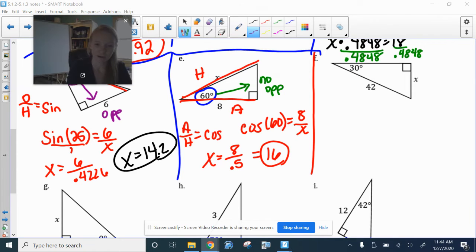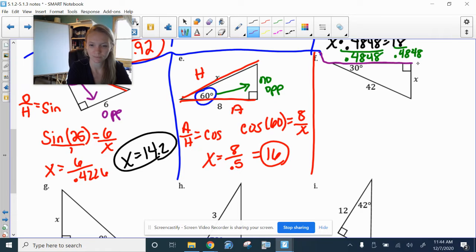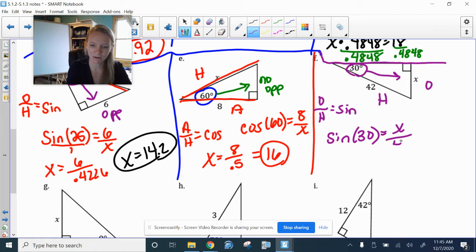Move myself over there. So on part F, here's my angle. I do have an opposite, and I have a hypotenuse again. So OH, I keep doing these over and over. OH is just telling us to use the sine ratio. So sine of 30 equals the opposite over the hypotenuse. Now my hypotenuse, or my side that I'm looking for, is on top, which means I am going to be able to just do a quick cross multiply problem.